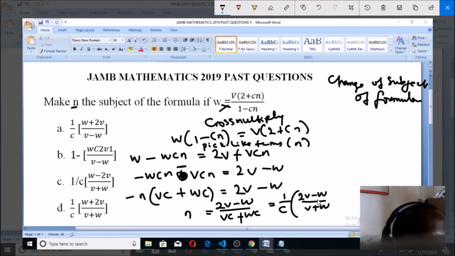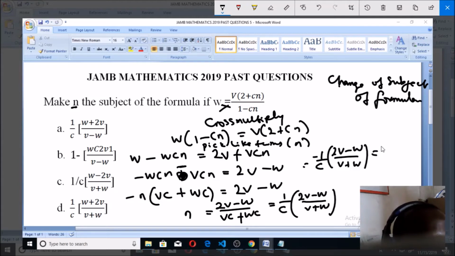Okay, so this is what we have now, but you know we have minus here, so if we take this minus over to this side, then you can just interchange this. So you can either say it's minus 1 over c into bracket 2v minus w all over v plus w, or you bring the minus inside.